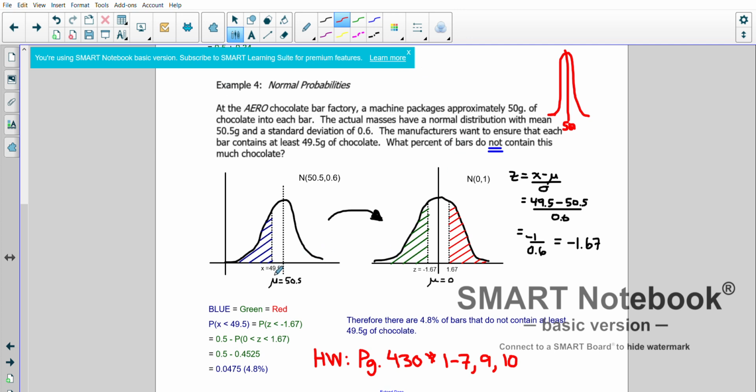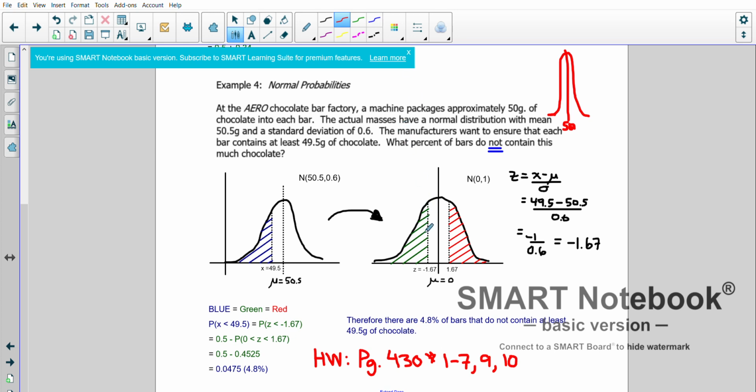So how many standard deviations away is the 49.5? So 49.5 minus the mean, divided by the standard deviation. So it's going to be -1.67. So what this question is really asking is what's the probability that the z-score is less than -1.67 standard deviations away.